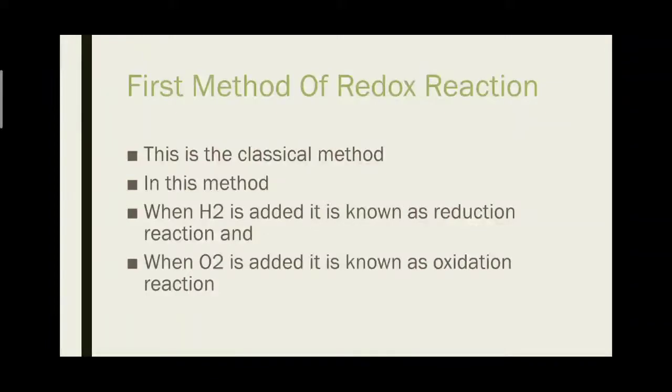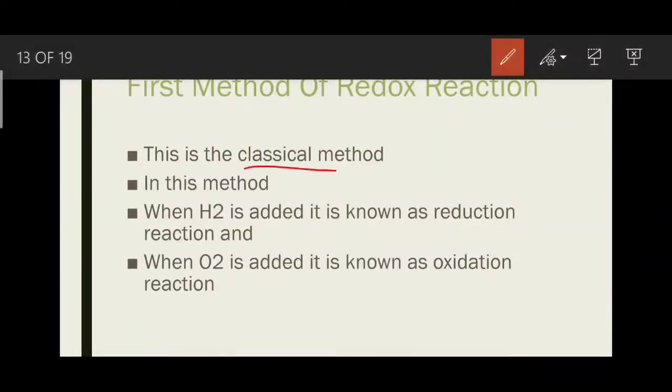This is classical method. In this method, when H2 is added, it is known as reduction reaction, and when O2 is added, it is known as oxidation reaction. Very simple, no? When H2 is added, it is reduction. When O2 is added, it is oxidation.